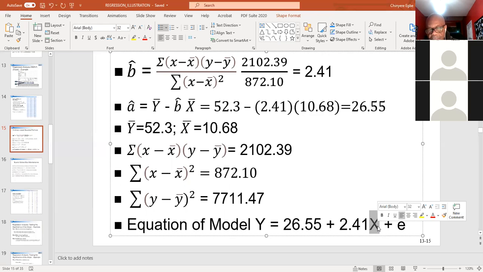Now, for each $1 per share of dividend, the price of the stock will go up by $2.41. You get the point? It makes a lot of sense. So that is the equation of the model.